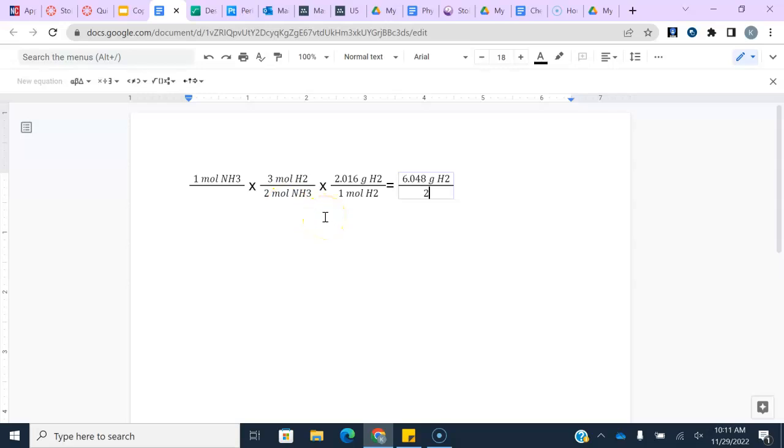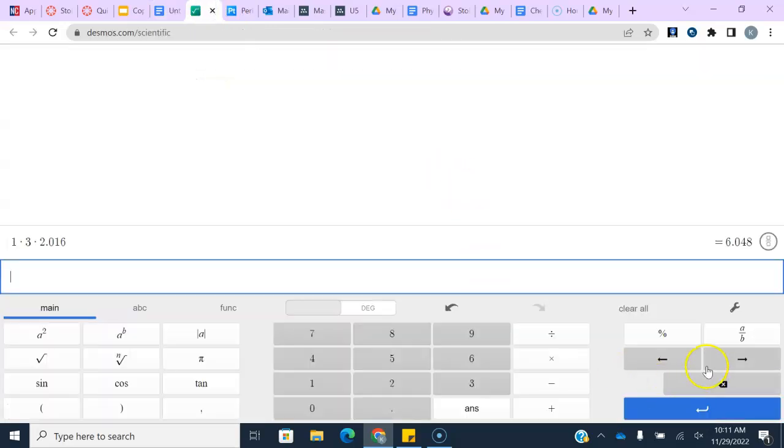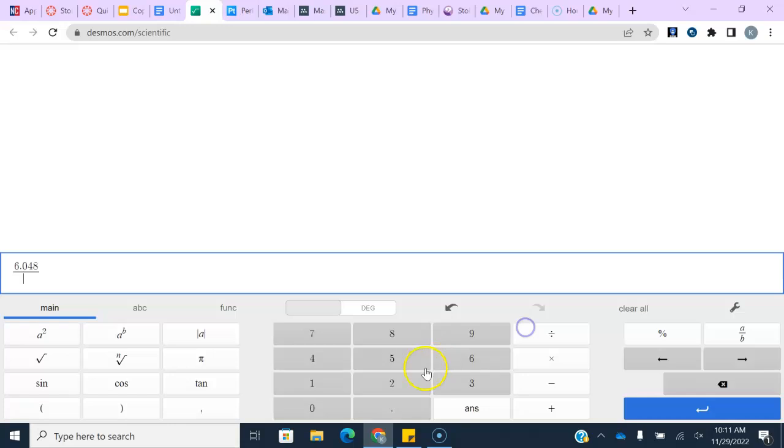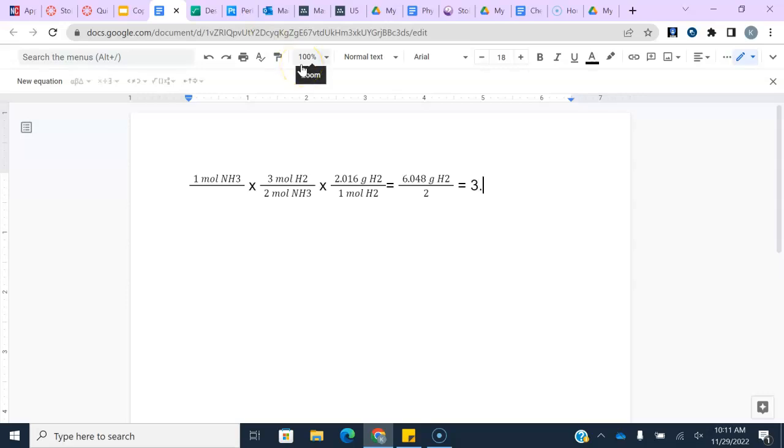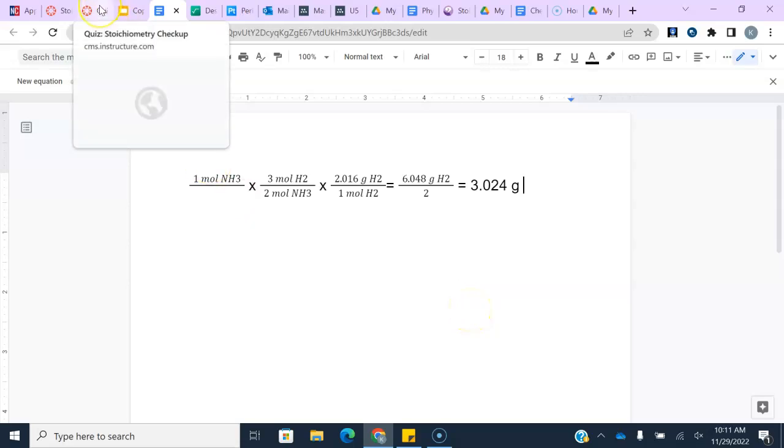So 2 times 1 is 2. So we're going to do 6.048 divided by 2, which is equal to 3.024 grams. Okay, so the answer here is 3.024 grams.